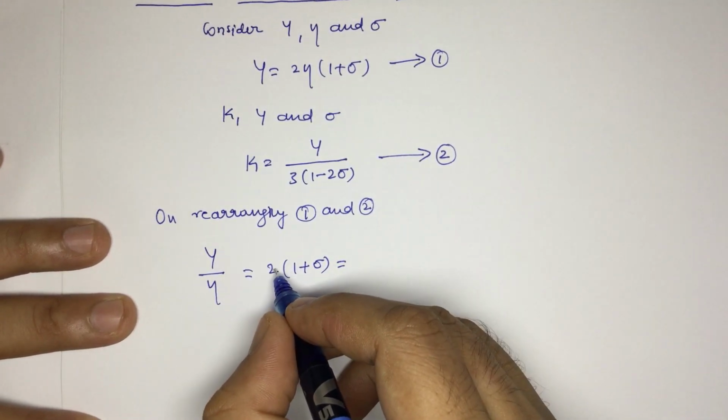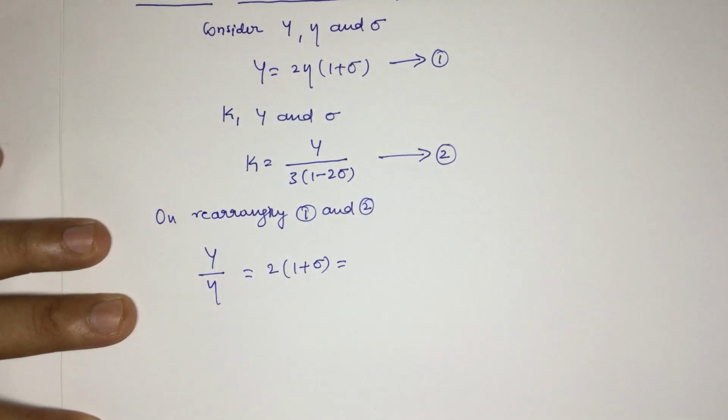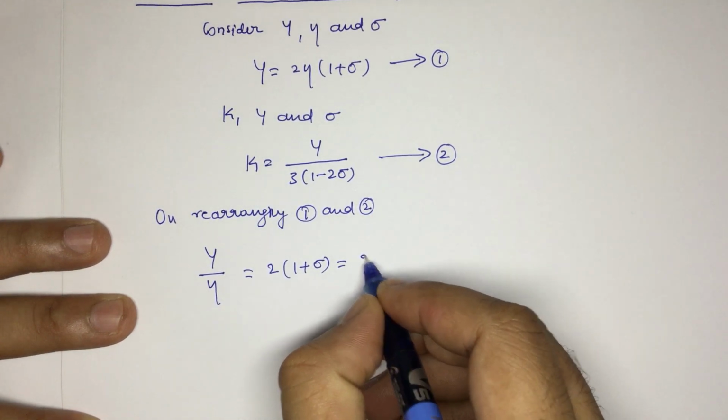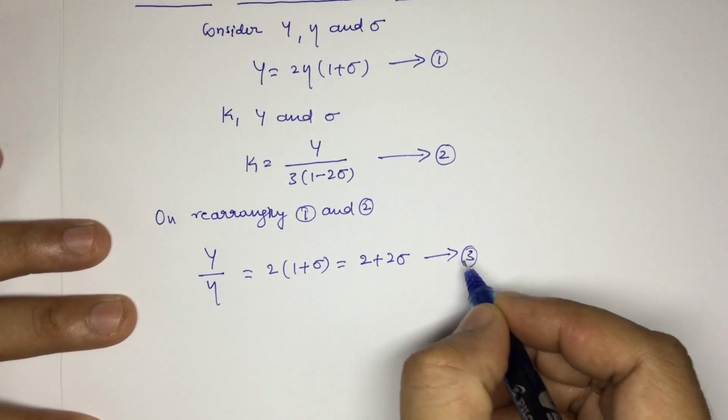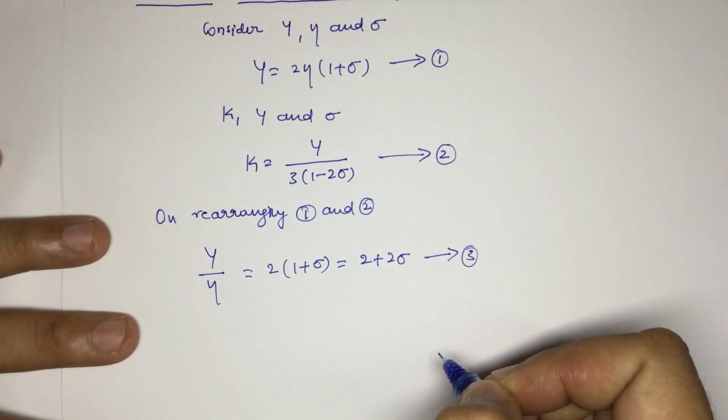And here I am distributing this 2 to each term here. This is 2 plus 2 sigma. Let us say this equation as number 3.